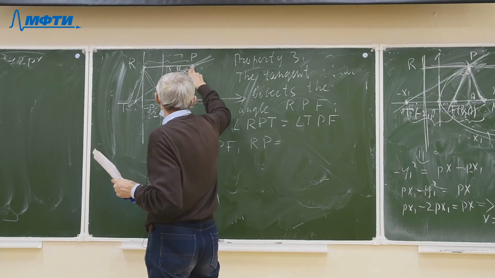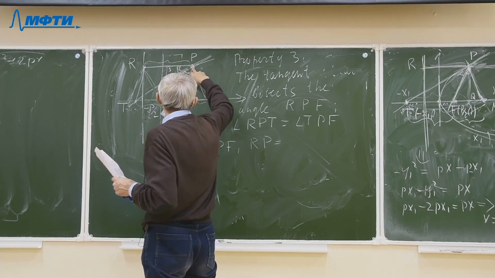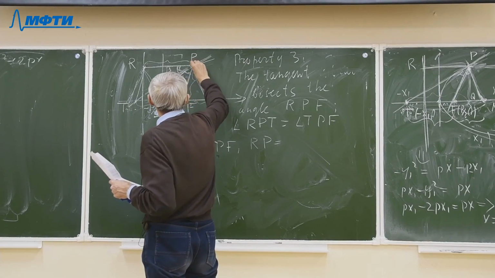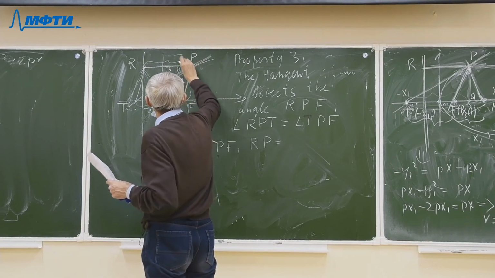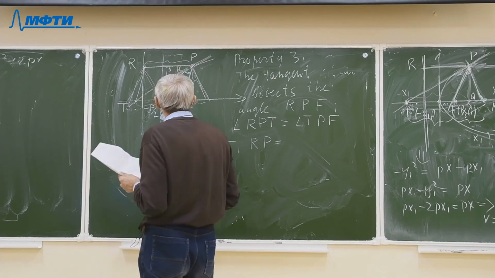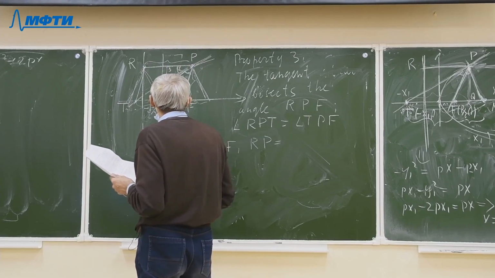This distance is also equal to x1 plus p divided by 2. Oh, I'm sorry.